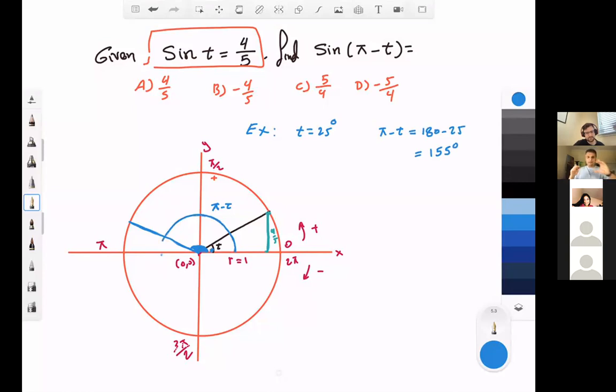I just randomly picked an angle. Any angle you pick, if you subtract it from 180, you will end up in quadrant 2. So now with this knowledge, is sine negative or positive in quadrant 2?